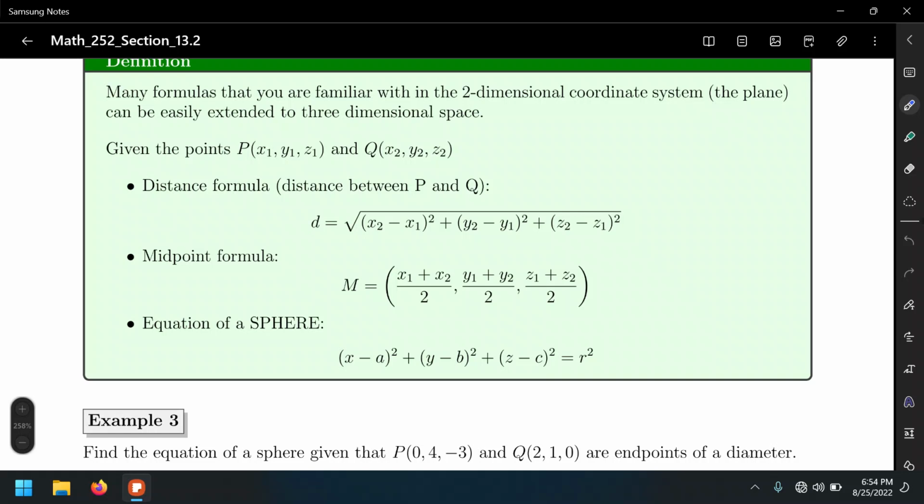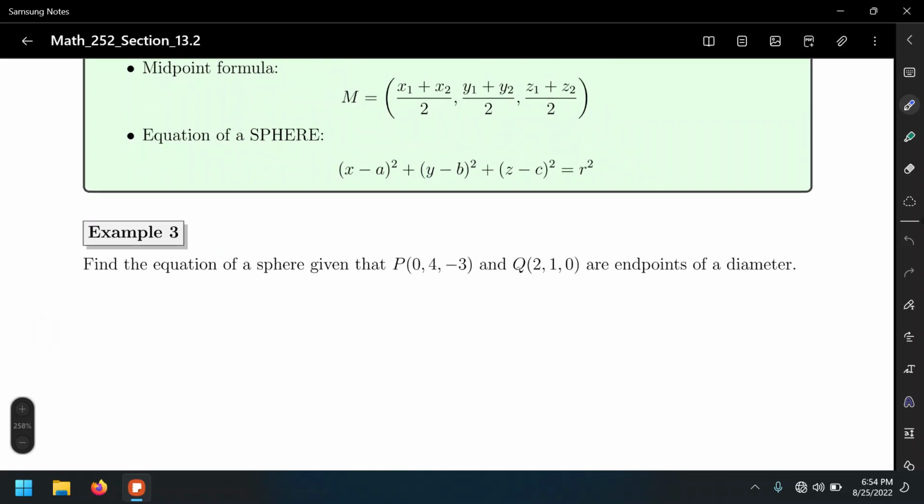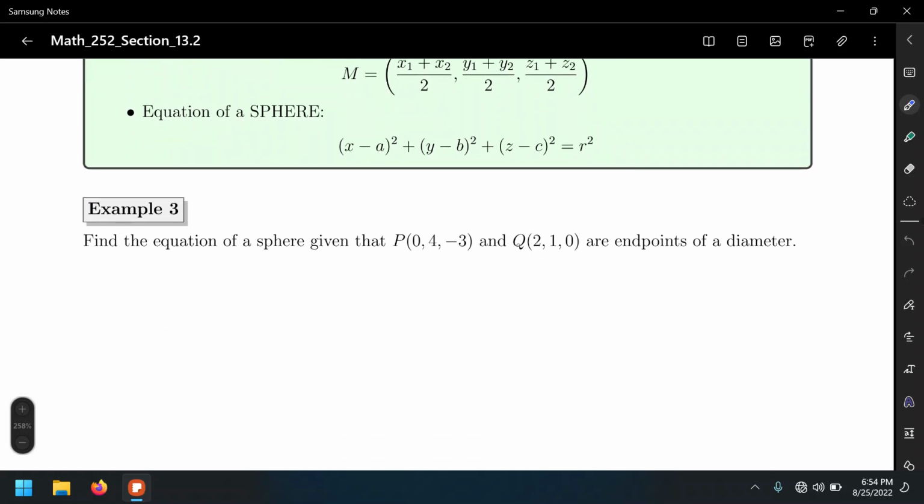For the sphere, add one more term in z to make it 3D. Ultimately, a sphere is a rotated circle. To put this in practice, we're going to use all three formulas together.